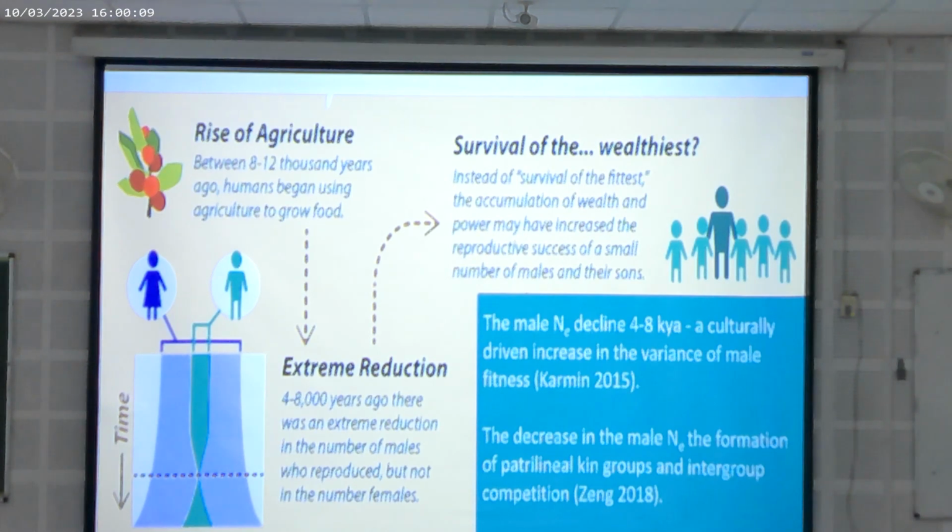At some point later, and on this picture the effective population sizes have been depicted a bit differently, this would be the graph for females and this for men, and then somewhere there was a very great reduction of male lineages. Well, this is a bit of a promotional picture here, so it was promoted as survival of the wealthy. But actually there are very many different cultural effects which could be involved.